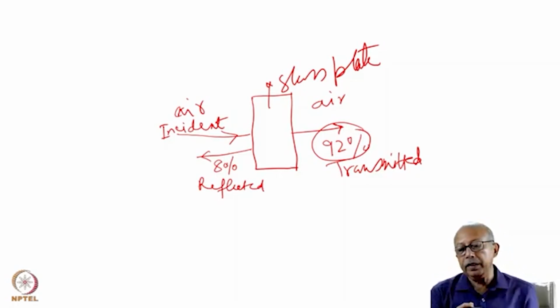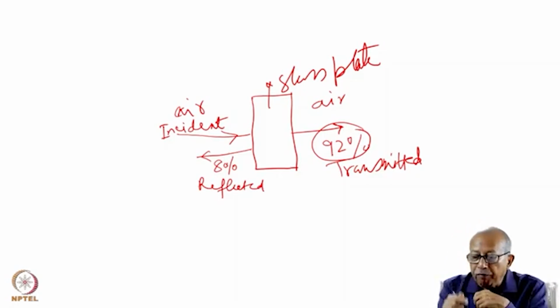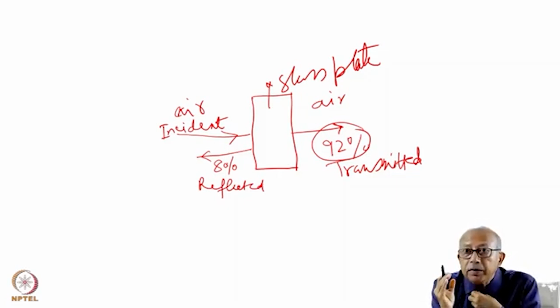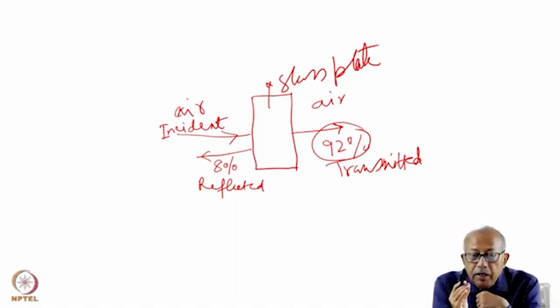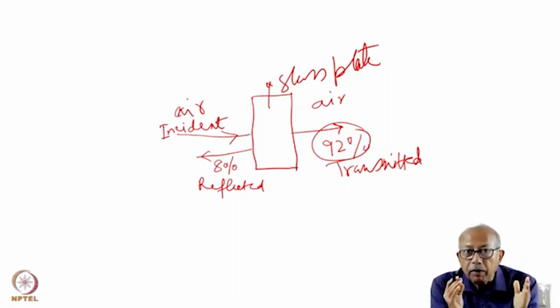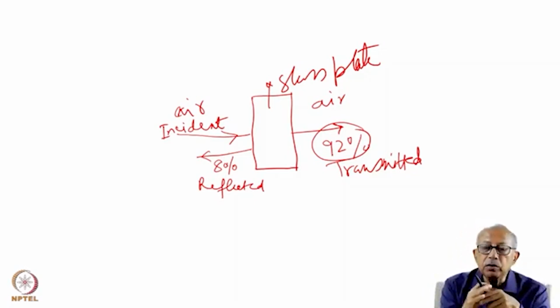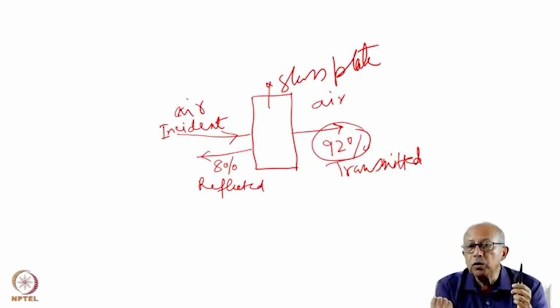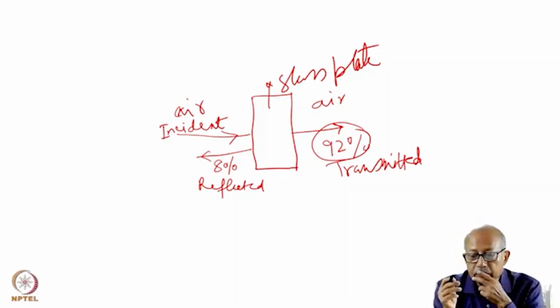So you may obviously wonder if this can be used as a partially transmitting mirror for a laser, because you know a partially transmitting mirror is a prerequisite for the operation of a laser to couple part of the light which is stored inside the cavity as a useful loss which forms the laser beam.